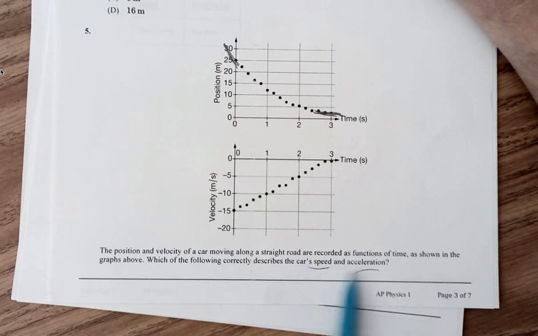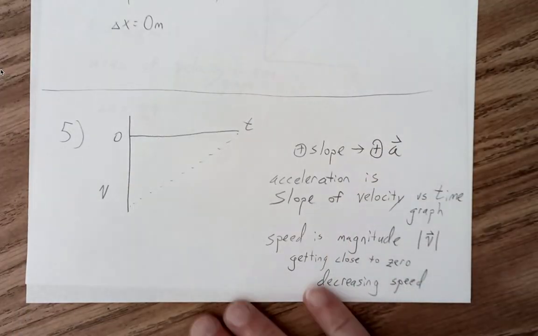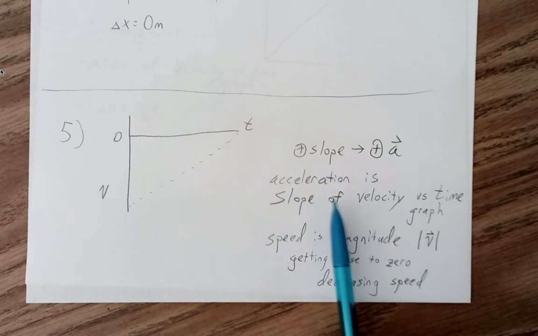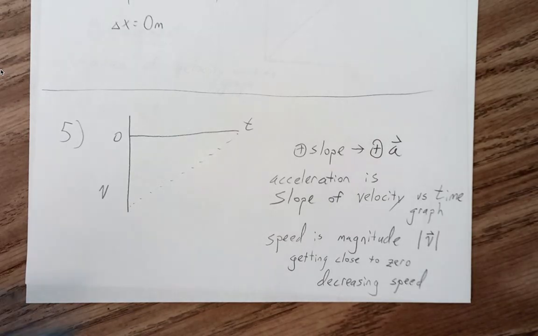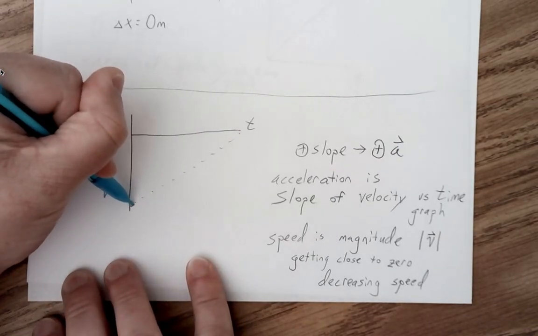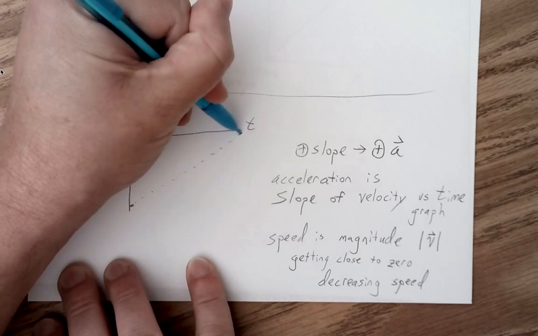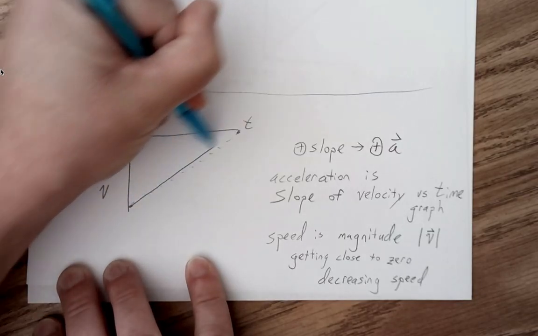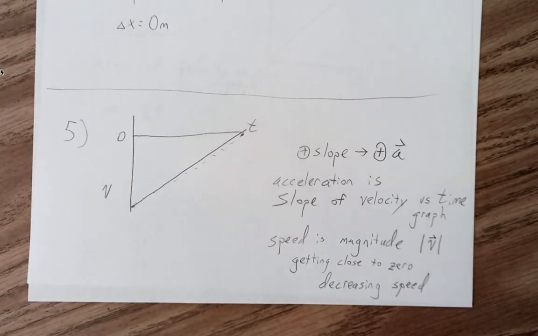So we can talk about the acceleration, where I know the slope is the acceleration. The acceleration of the velocity versus time graph is this slope. I see that the velocity went from negative to zero, so it has a positive slope, and I have a positive acceleration.